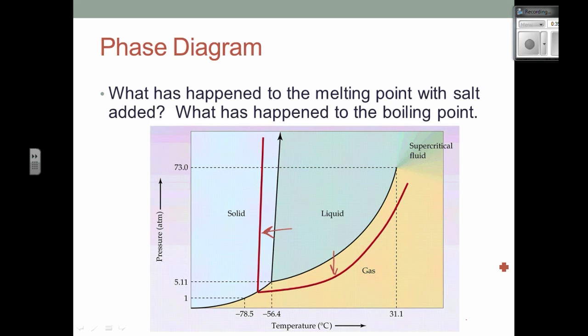That's why the line between solid and liquid shifted to the left, and then our liquid and gas line went down, because the vapor pressure decreases because we have more particles holding that water inside the liquid phase. So the gas phase line is going to go down. Everybody see that?